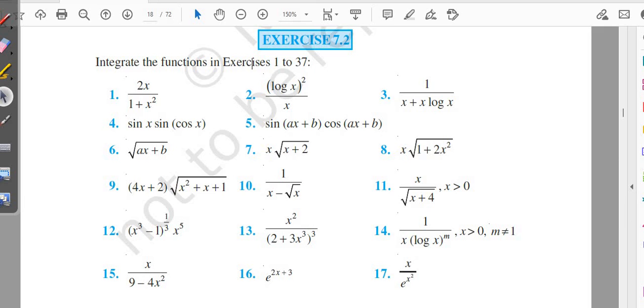So the eighth one, what is given? x into square root of 1 plus 2x square. It is like the same as sum 7. Is it possible for the x to be multiplied inside? No. So what we can do is take the inside of the square root term as t.